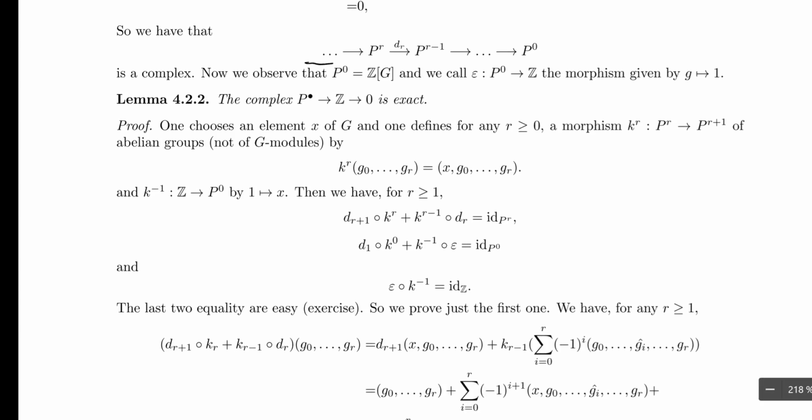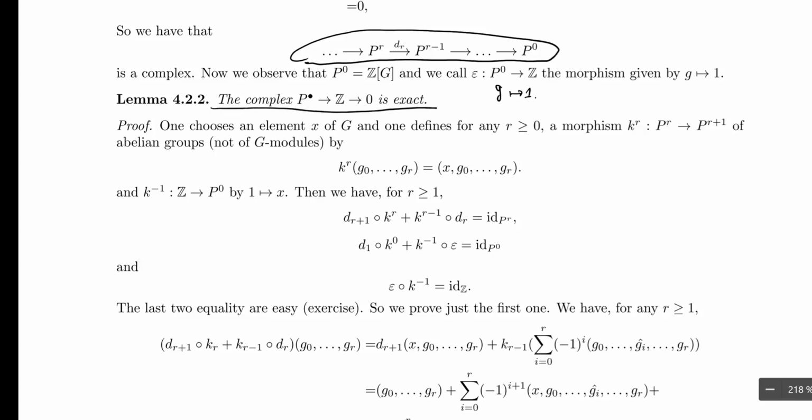So we have a complex. In our case we put P_0 to be ZG and we define the morphism epsilon by mapping g to 1. Then our lemma says that this complex is exact. This is a projective resolution.